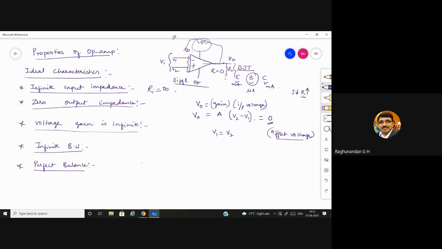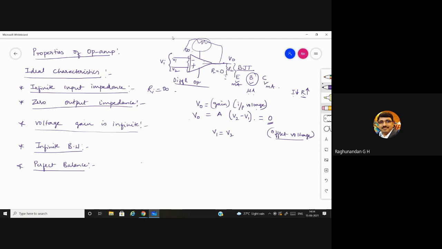I used to tell, I don't know how many of you remember, that the offset knob should always be kept at 0, because we don't require that much precision. But whenever we want a particular exact value and we want to balance something, we need to use that knob and adjust it.